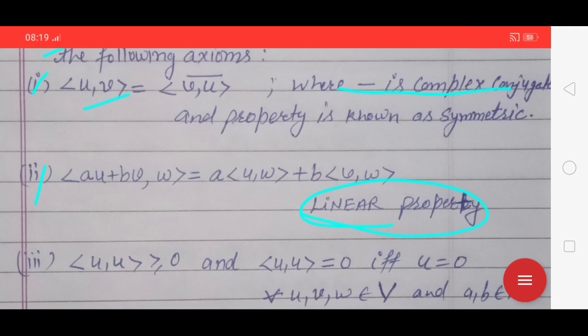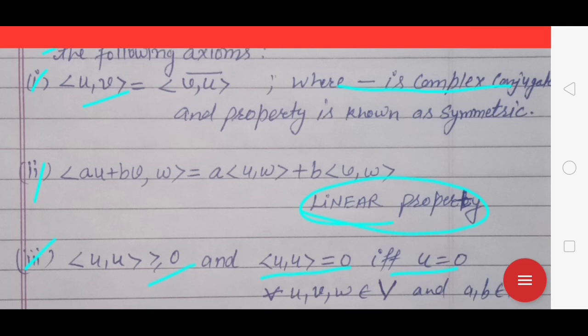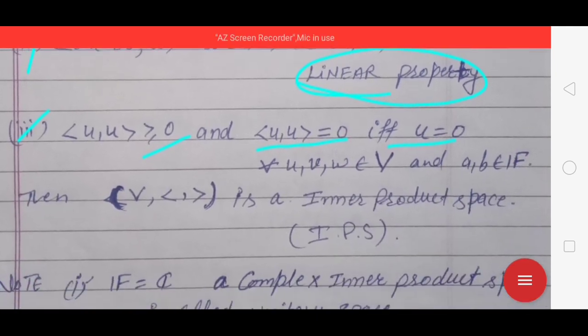And the third property is that it is non-negative, always greater than or equal to 0, and this value is 0 if and only if the vector is 0, for all u and v belonging to the vector space and a, b belonging to the field. Then this function is known as an inner product.